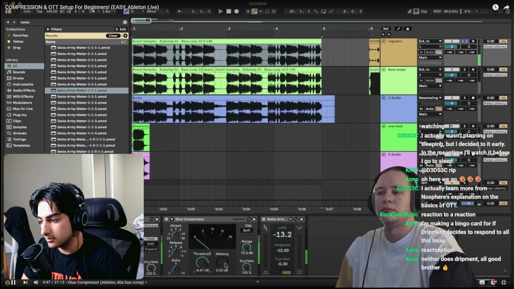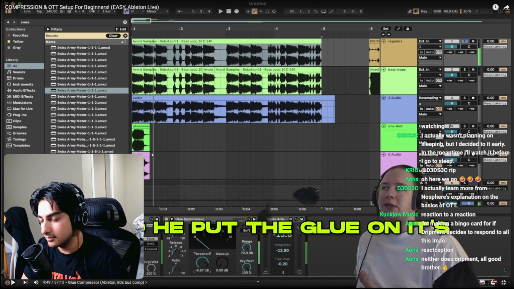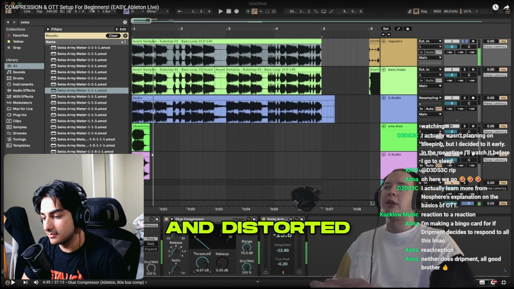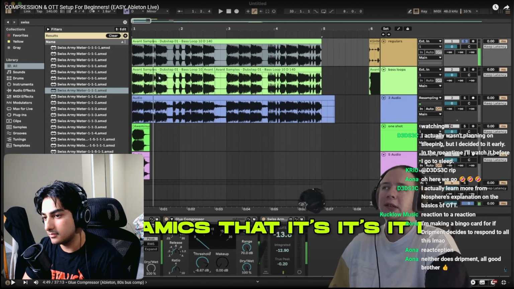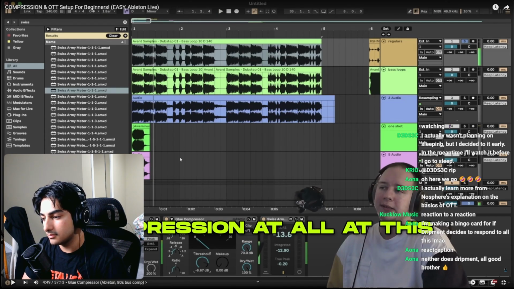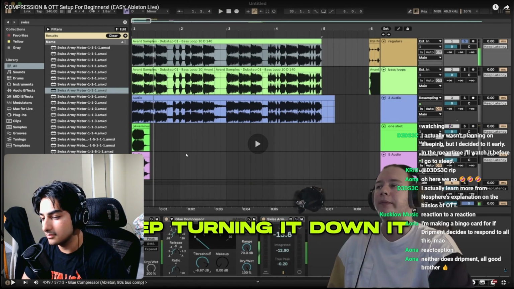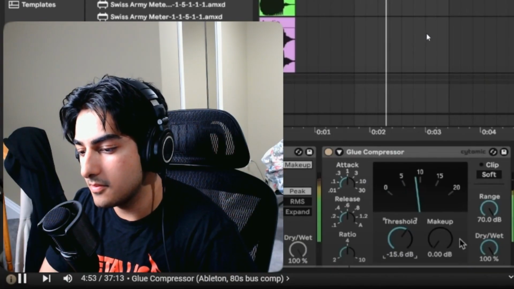That means we're compressing. I mean, that sound he put the glue on is already so loud and distorted, and it has basically no dynamics that I think, in my opinion, it doesn't need any compression at all at this point. So keep turning it down, it compresses it a lot. I agree with this statement.